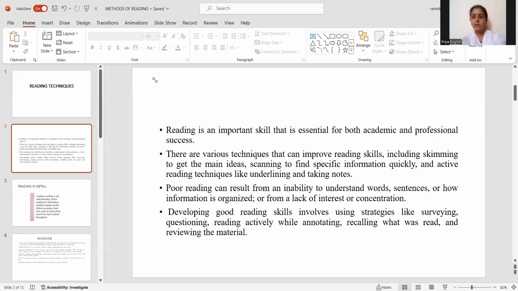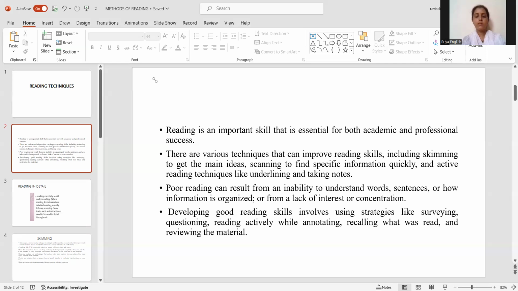Until you are clear with the text, you cannot progress. So the main conclusion is that reading is a very necessary and important skill that everybody should possess to be successful in life.